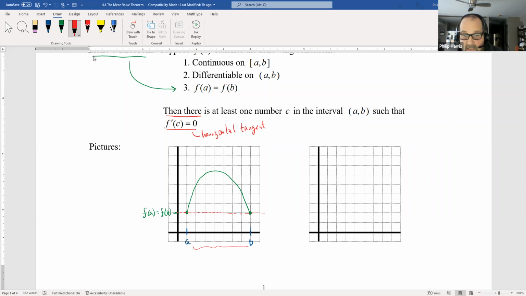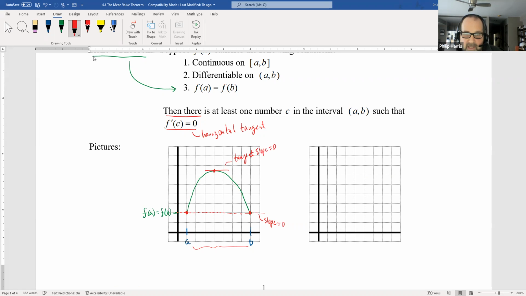The average rate of change is the slope between this point and this point. If they are the same height, rise over run, the slope is 0. This has a secant slope equal to 0. So what is guaranteed by Rolle's theorem is that somewhere on this interval, there is a place where we have a tangent slope also equal to 0.